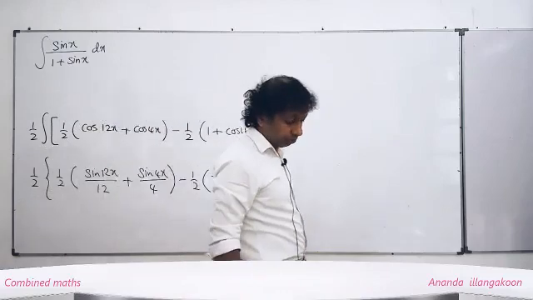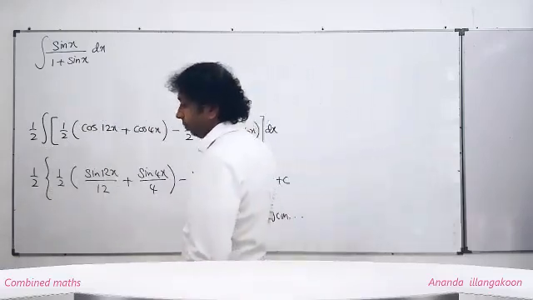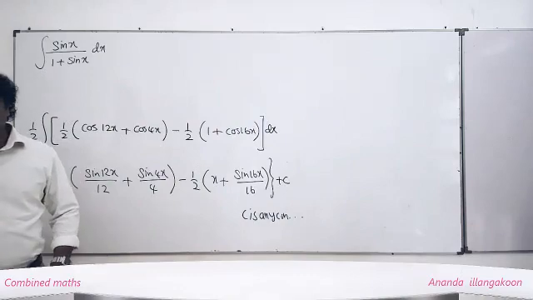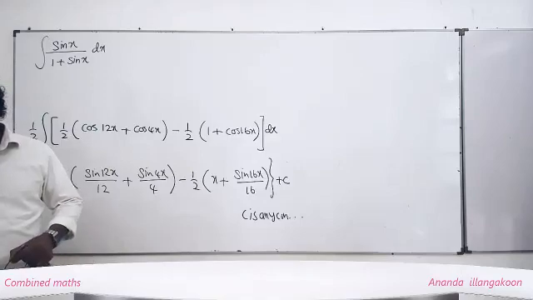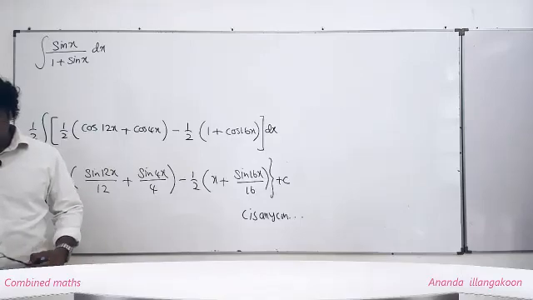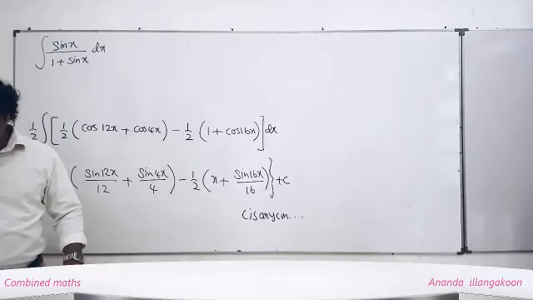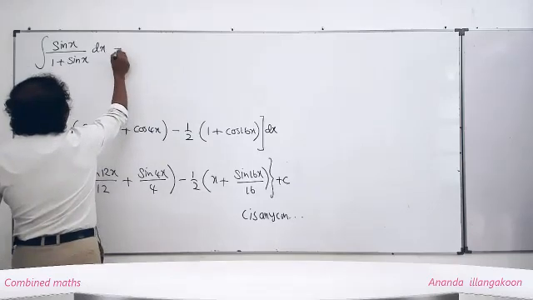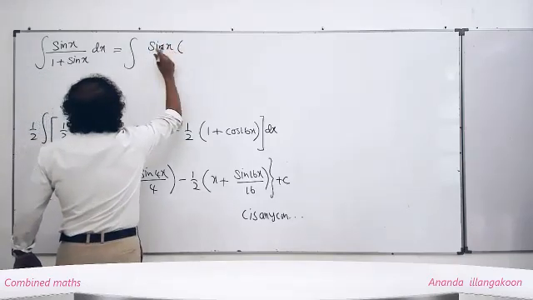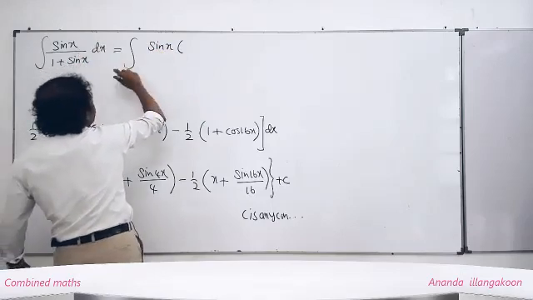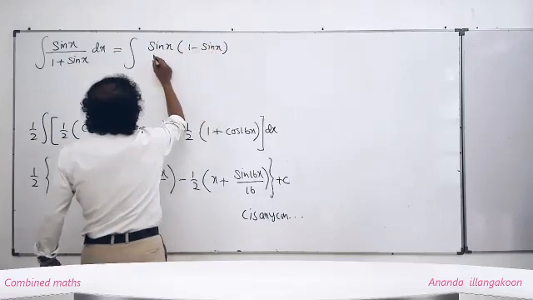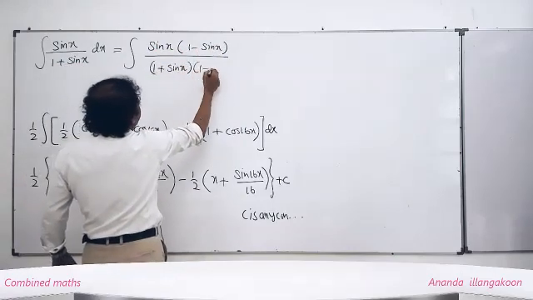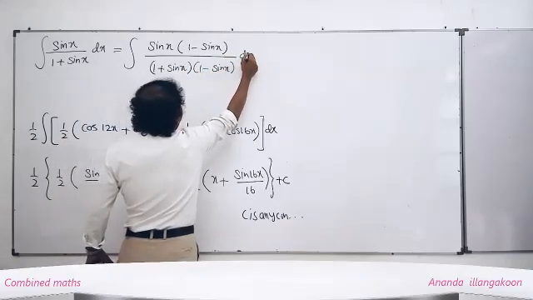How to take this answer? Yeah, so here to take this answer, we multiply both the numerator and denominator by the conjugate of the denominator like this.